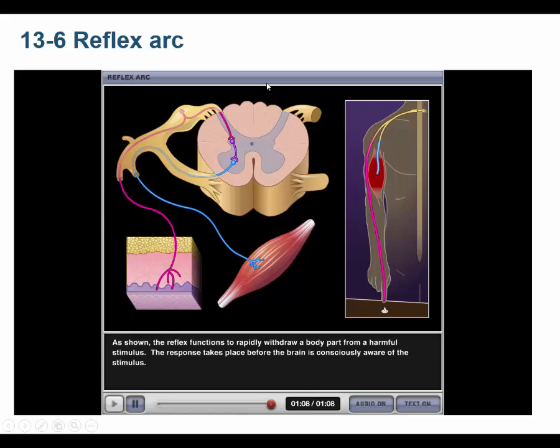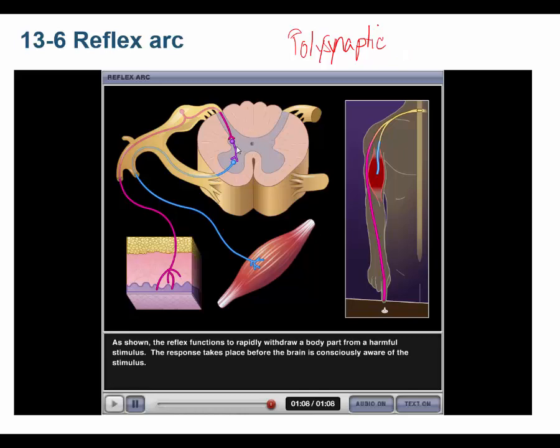When that's the case, and that usually is the case, the synapse is called polysynaptic. But there are monosynaptic reflexes, which means that the afferent sensory neuron synapses directly with the efferent motor neuron. That's possible, but most reflexes are polysynaptic.